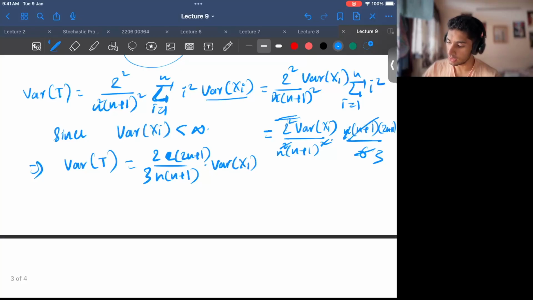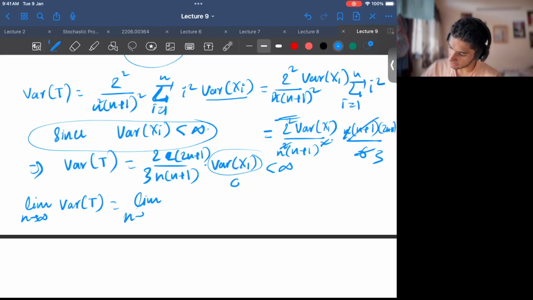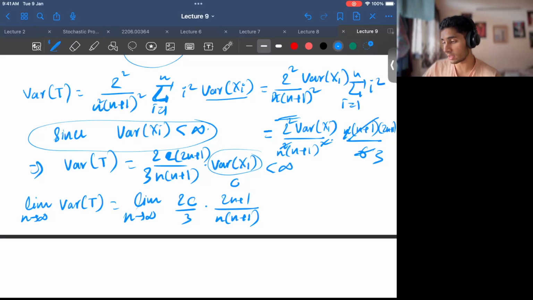Now, since the variance of xi is less than infinity, this thing is also less than infinity. It's not going to infinity, so it's a constant. We can write it as some c. Now you take your limit as n tends to infinity. The variance of t becomes the limit as n tends to infinity of 2c by 3 into 2n plus 1 over n into n plus 1. What will this become? The denominator is quadratic, whereas the numerator is linear in n. So by the simple use of limits, you can see that this will become 0.